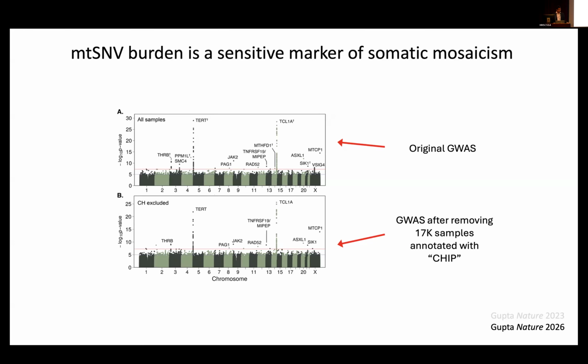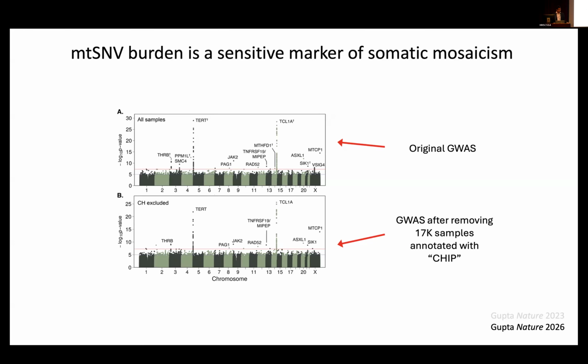So that's our first story. It's exciting because it seems that this mtDNA mutation burden signature, telomerase, as well as clonal hematopoiesis may all be related to each other. It's all one process, basically. That underlying process appears to be somatic mosaicism, but why that's going up with age is still an open question.